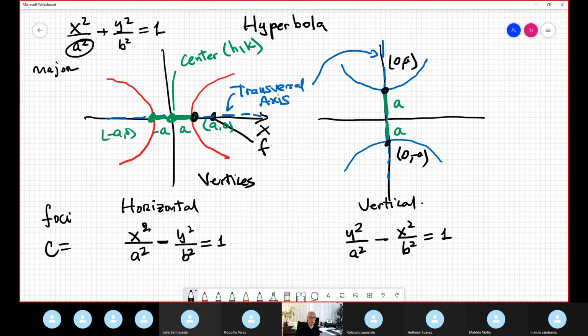This is the focus number 1, and this is the focus number 2, and this distance is C. Okay, by the way, in this case, it's different to the ellipse, because C is bigger than A and B. The focal distance is C, and this is another C. And the focus is similar to the parabola, it's located inside. So you never see the focus outside, you see the focus inside.